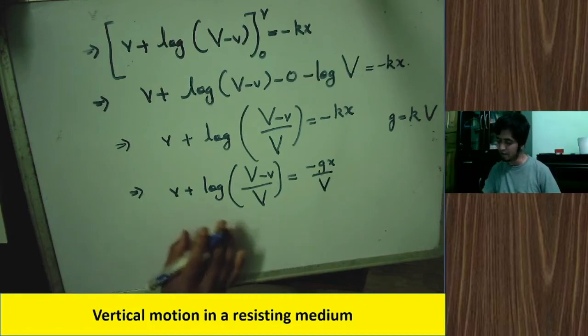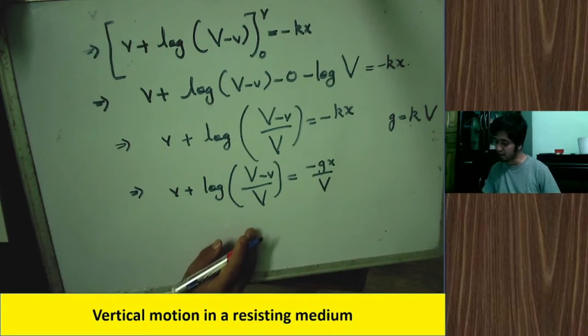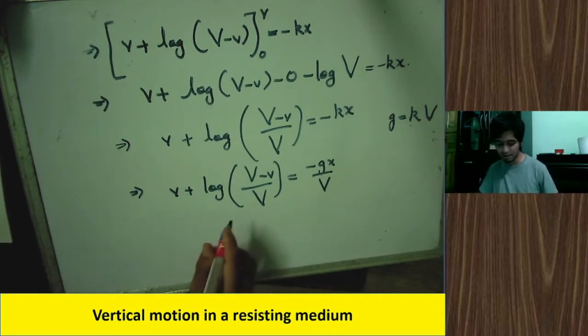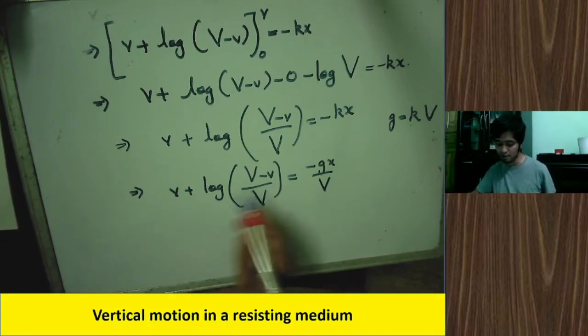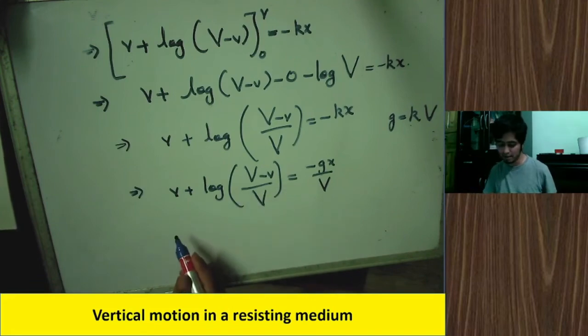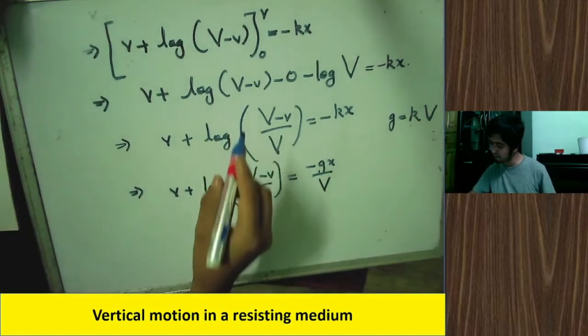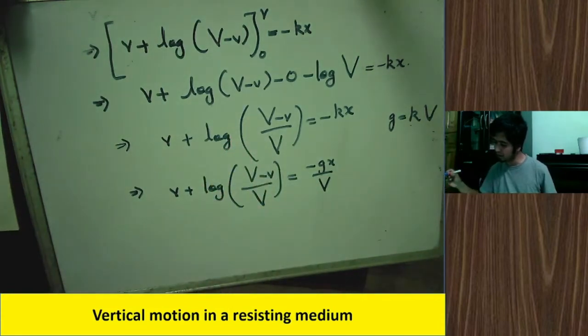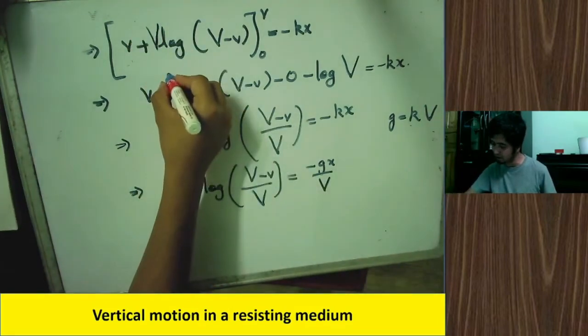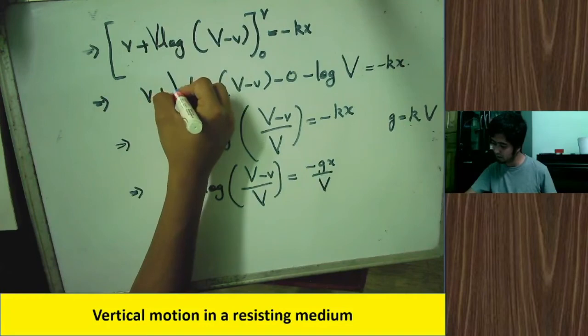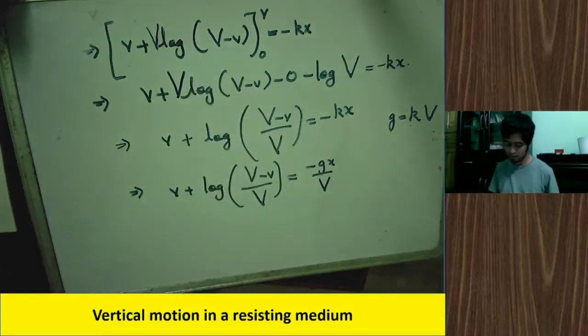Expression number 3 is this. I hope I did not make any mistake anywhere. It seems fine. So this is the required expression, expression number 3. Just multiply both sides by minus. Sorry, I think I forgot capital V here.